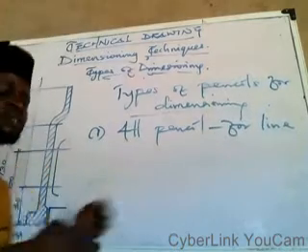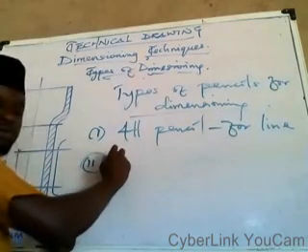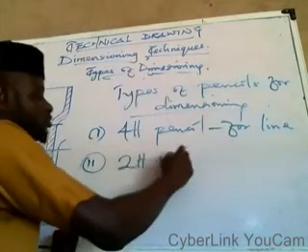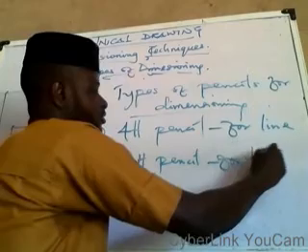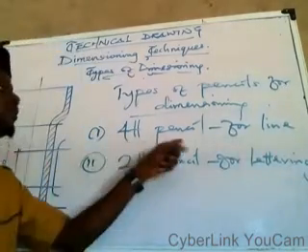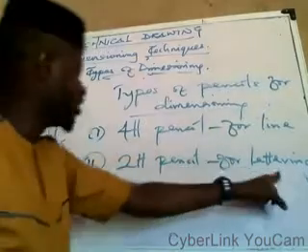Number 2, you can use a 2H pencil for lettering. So when you use 4H pencil for line, you can use 2H for lettering.